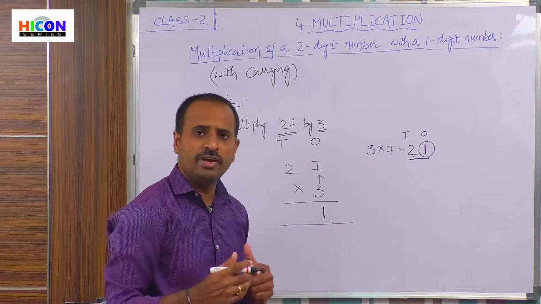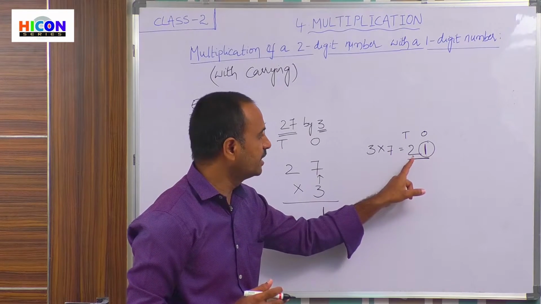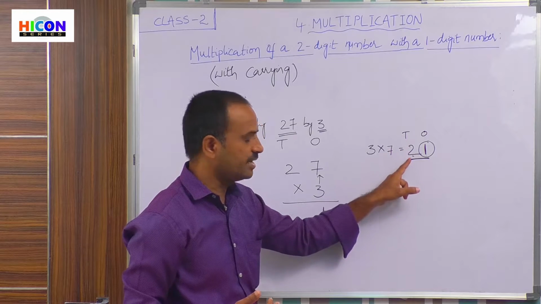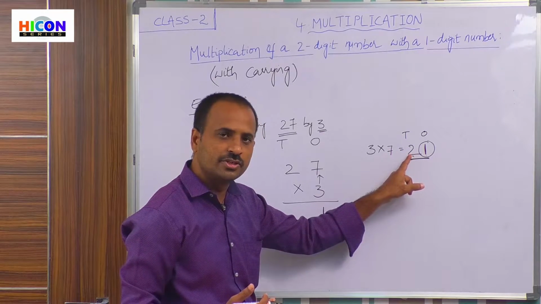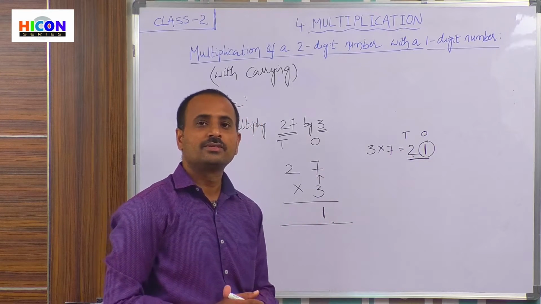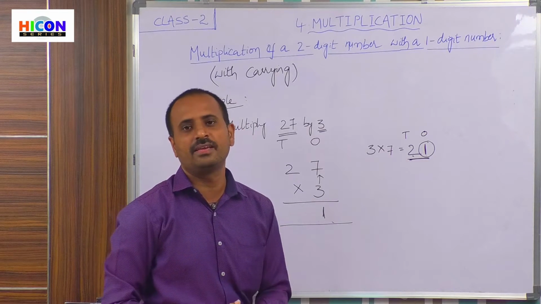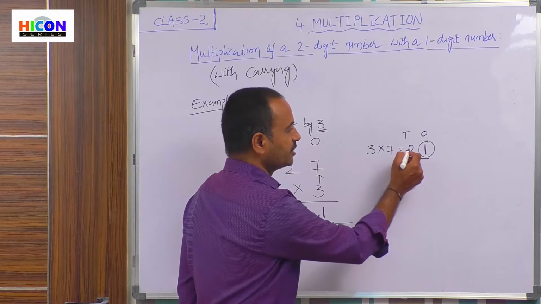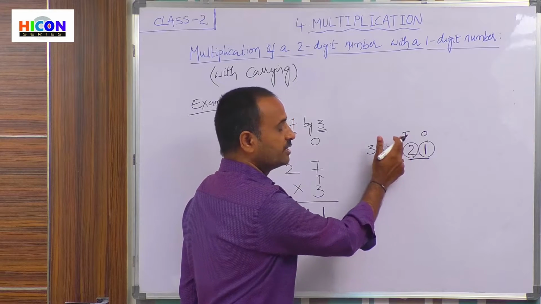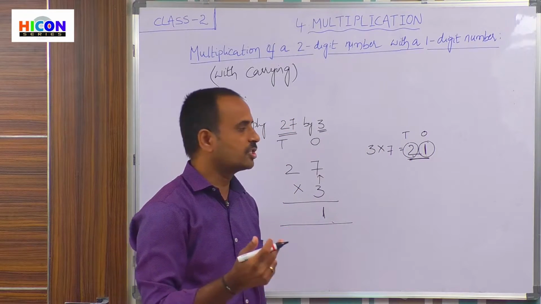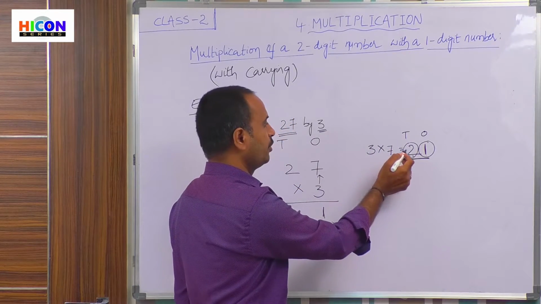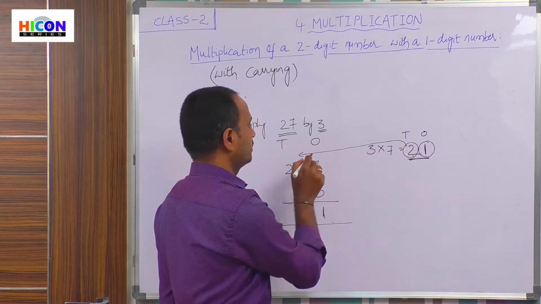So now what do we have to do? Here there is remaining 2 in the tens place. We should not write this 2 under ones place. So now we have to carry it. Carry this 2. Here the 2 is present in tens place. That's why carry this number 2 to the tens place.